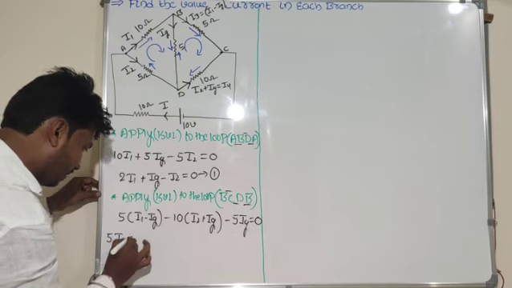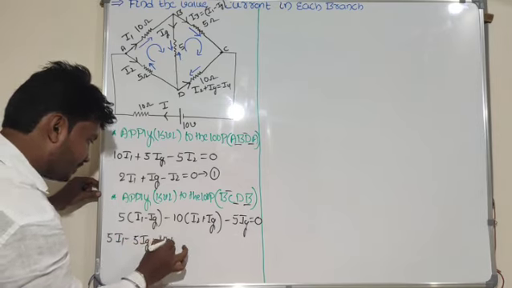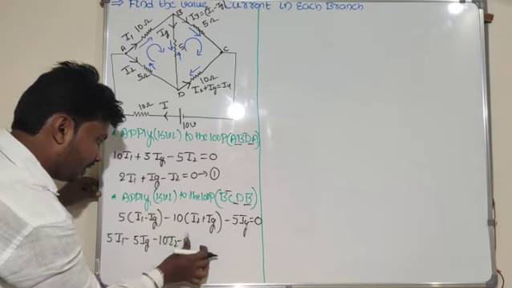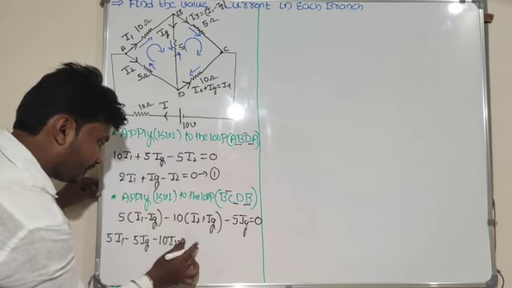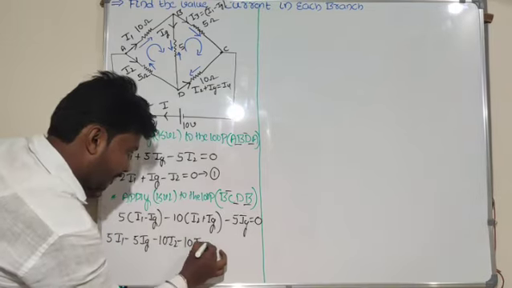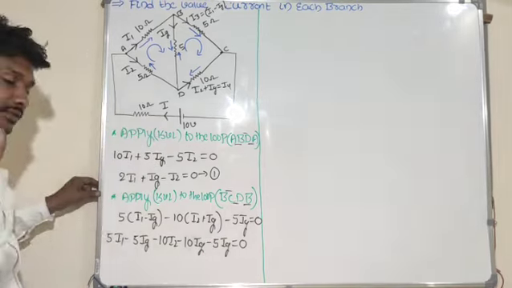5I1 minus 5Ig minus 10I2 minus 10Ig, hope you are following this, minus 5Ig, it is equal to 0.